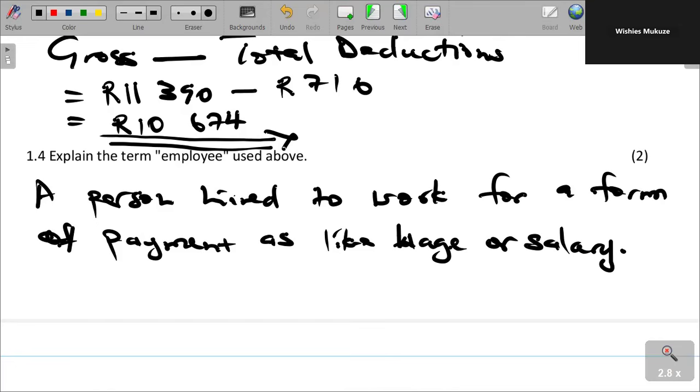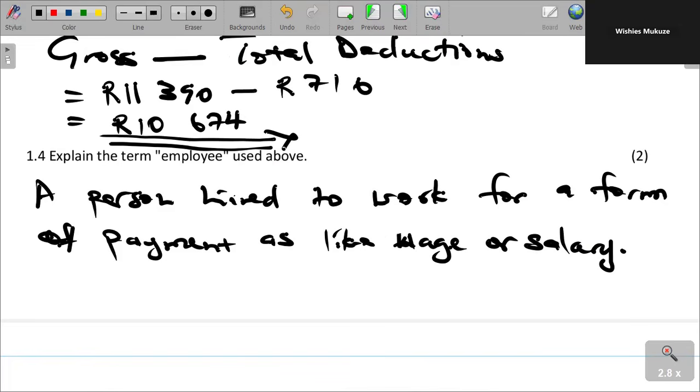If a person is working and is earning some form of payment, either a wage or a salary, we define that as an employee. At the end of the day he is getting some form of compensation, either a wage or a salary. That's an employee.